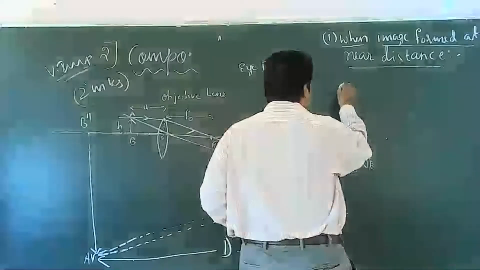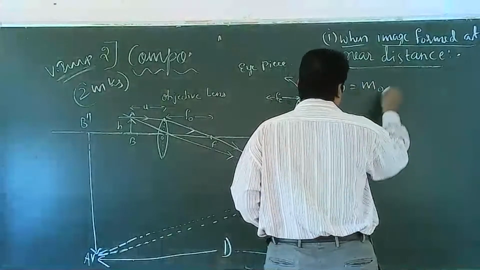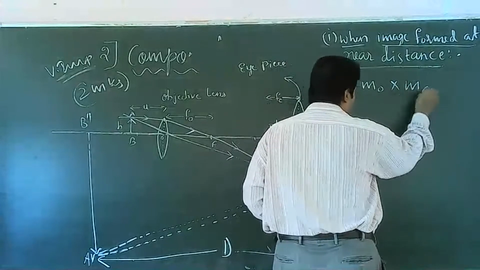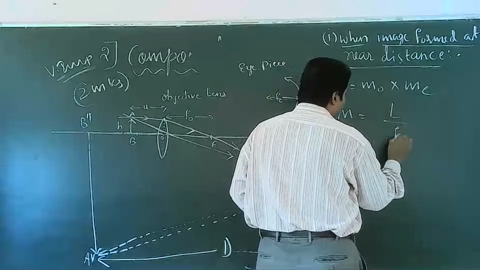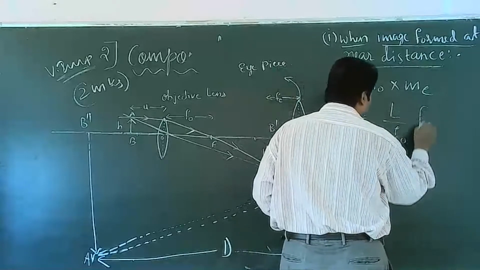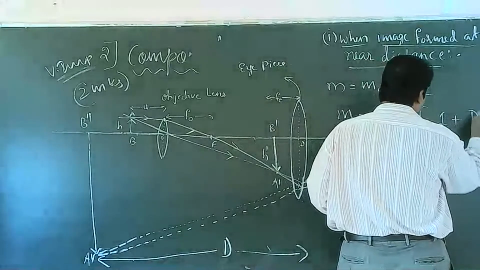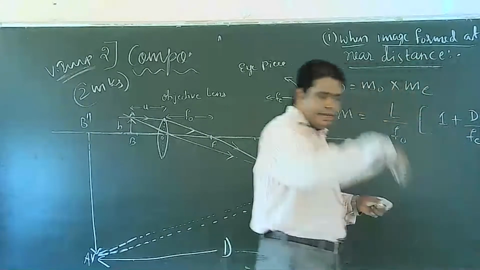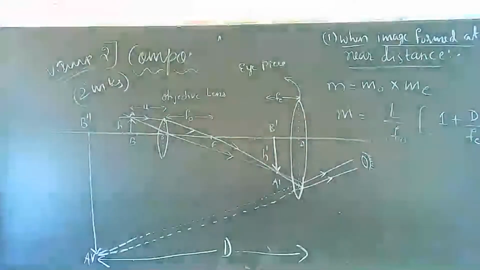Okay. This is m is equal to m objective into m eyepiece, or m is equal to L by f objective into bracket 1 plus D by f eyepiece.